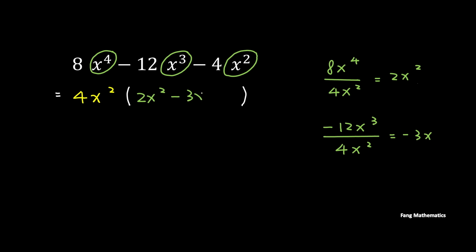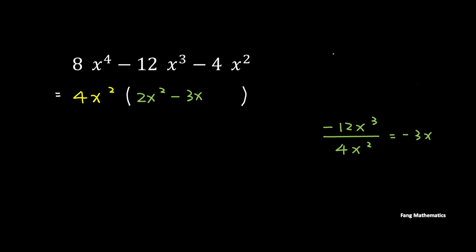So minus 3x. The last, you have minus 4x squared divided by 4x squared. Minus 4 divided by 4 gives you minus 1. x squared divided by x squared, just 1. So minus 1.